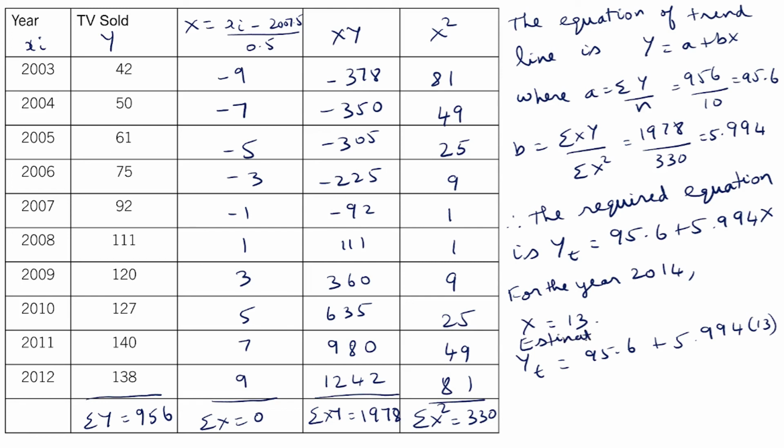The estimated sales for 2014 is, when we simplify this, 173.52, and here the sales is given in rupees 1000, so it is rupees 173.52 thousand.